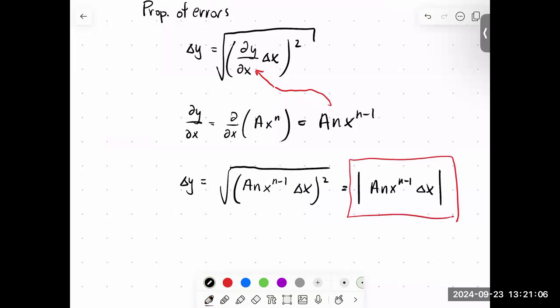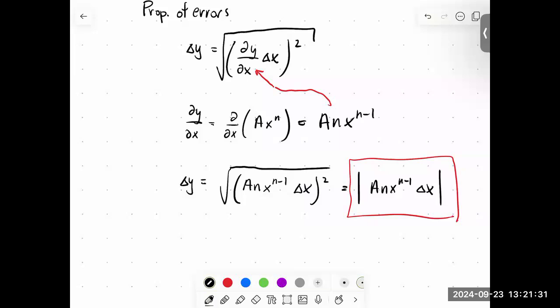The reason that we have to put the absolute value is because in this example where we said the displacement when I drop an object is minus 1/2 g t squared, in that case, a would be minus 1/2 g, a negative number, and we want to calculate positive values for our uncertainties. So that's the reason for the absolute value sign.